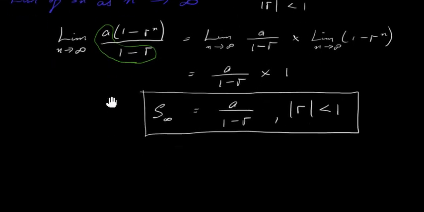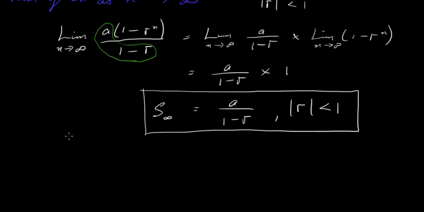Okay, so for example, if you have, let's say, a half plus a quarter plus 1/8 plus 1/16 and so on out to infinity, what do you think you would get if you added up all these fractions? This is a geometric series, remember, where a is equal to a half, and we're multiplying each term by a half as well.